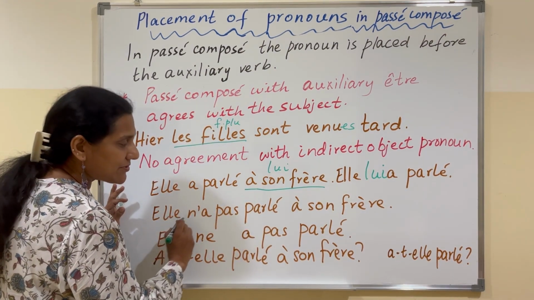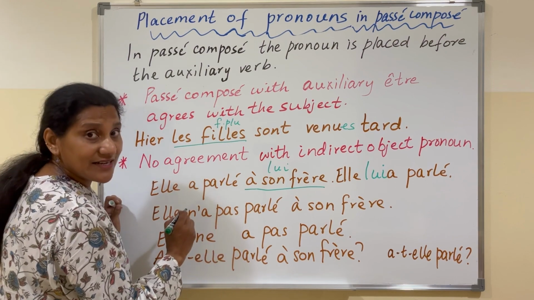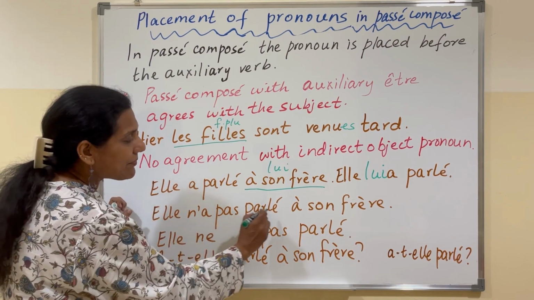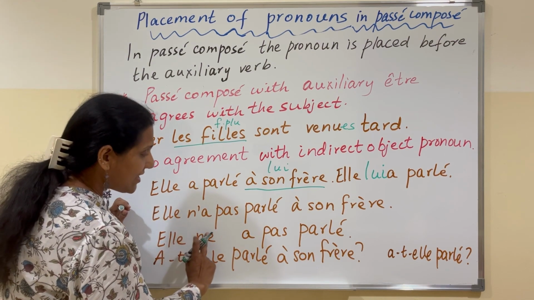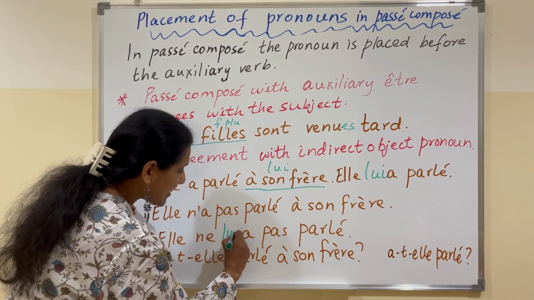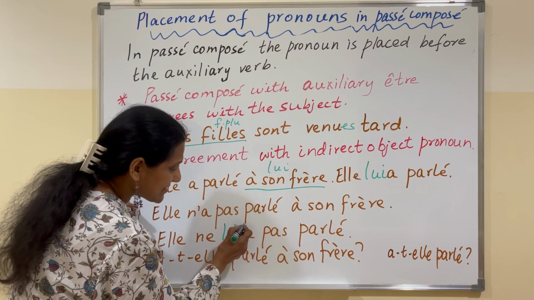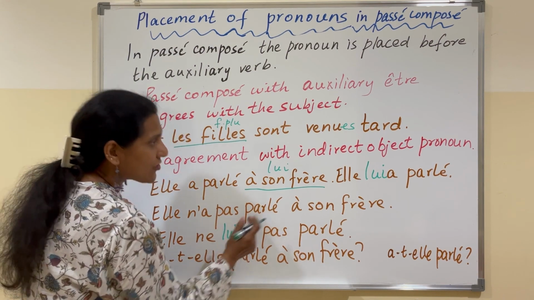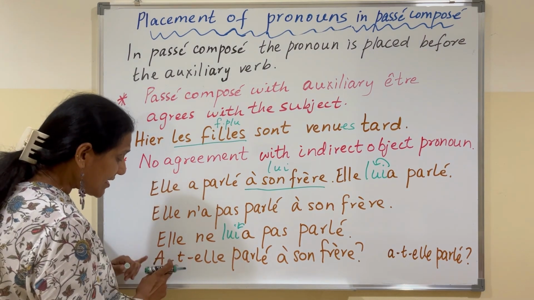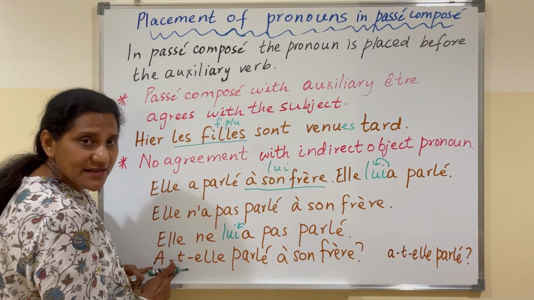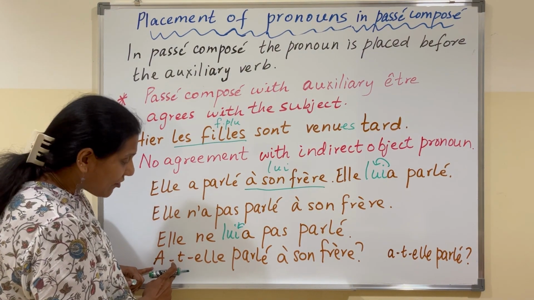Let's take an example of the same sentence in negative. Elle n'a pas parlé à son frère. Elle ne lui a pas parlé. So we can see here it's placed before the auxiliary, here also before the auxiliary. And let's look at the same example in interrogative form.